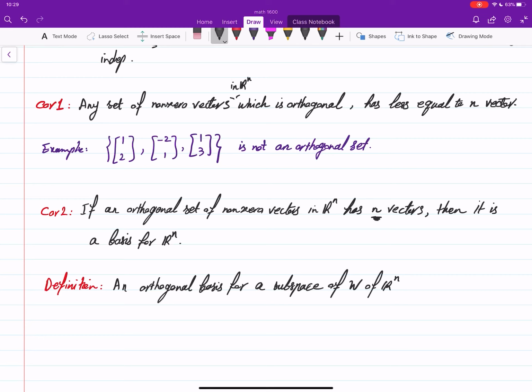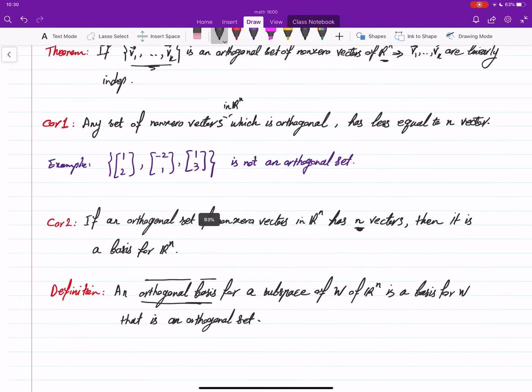So an orthogonal basis for a subspace W of Rn is, first of all, a basis for W, and it needs to be an orthogonal set. So in orthogonal basis, each word has a meaning: yes, it is a basis, and it is orthogonal.